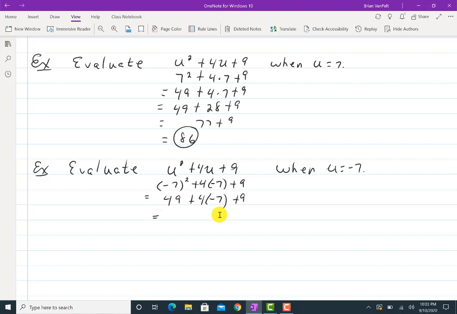Four times -7 is -28. Now between 49 and -28, 49 is the dominant number. And when I do 49 minus 28, I'm going to end up with 21. And the answer for this one is 30. Notice that it doesn't even look related to the previous problem. It's not the negative of it or anything like that. So the answers can be wildly different once you plug in different numbers, of course.